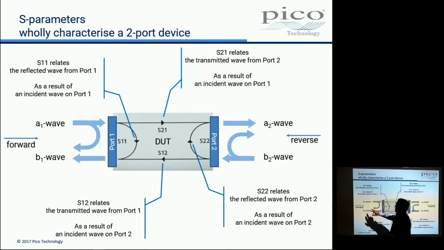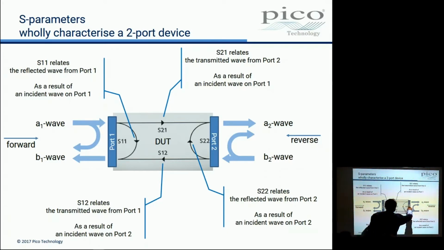And we said the other day, the A wave is going to be the incident wave, a vector quantity that we talked about, and the B wave is going to be the return signal. But S11 relates the A wave going in to the wave coming out. And this carries on right through. S21 is the transmitted wave from port 2 as a result of the incident wave on port 1.